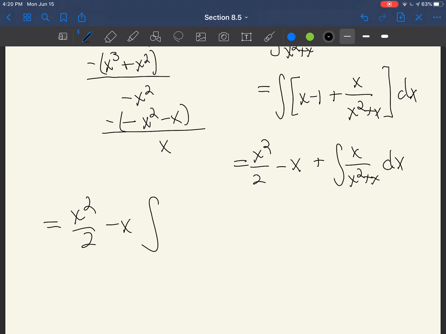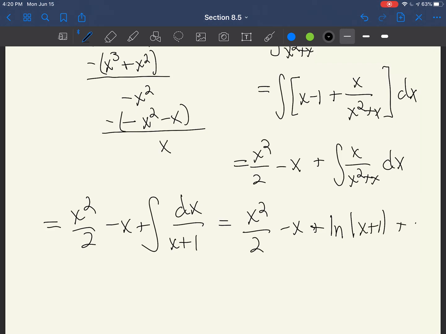We can factor an x from the denominator and cancel it with the numerator to just get dx over x plus 1, which is x squared over 2 minus x plus the natural log absolute value of x plus 1.